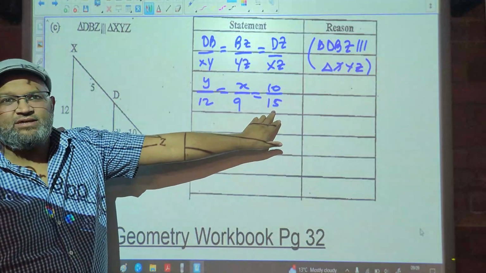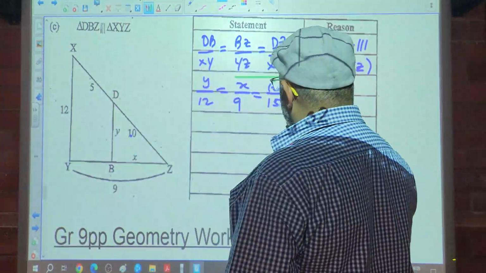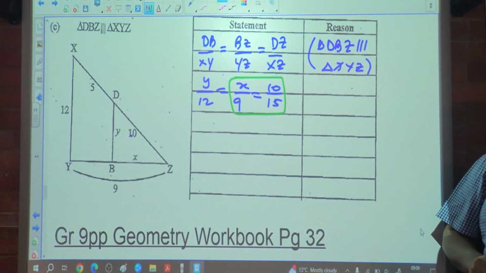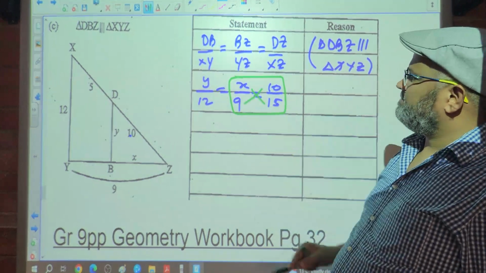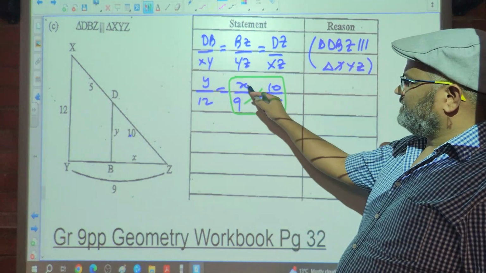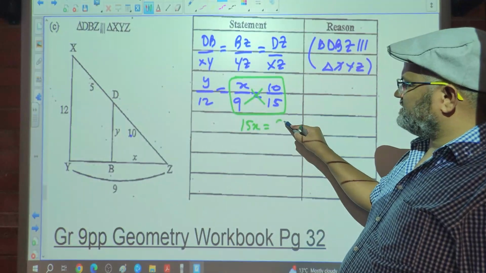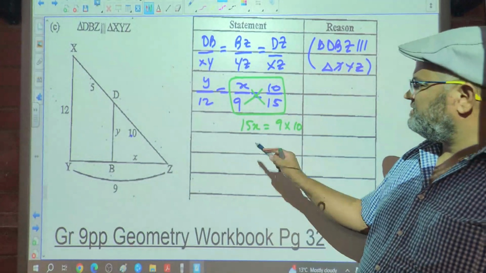Can you see that? So when I work with this, I'm going to block those two together. So what do I do? How do I solve for x? Cross multiply. So x times 15 is 15x is equal to 9 times 10, or 90. How do I get x on its own?